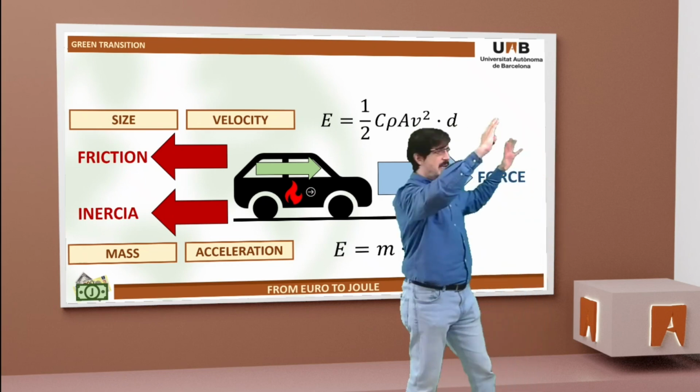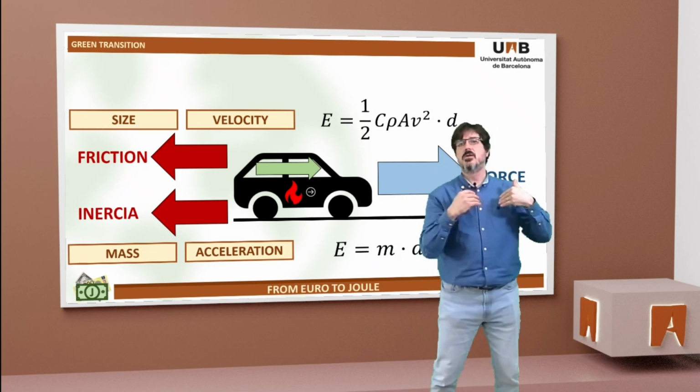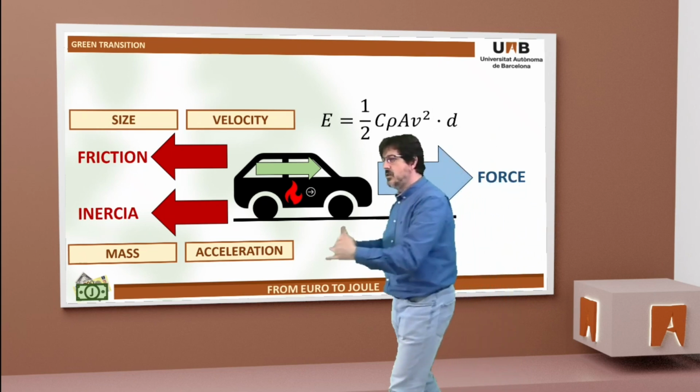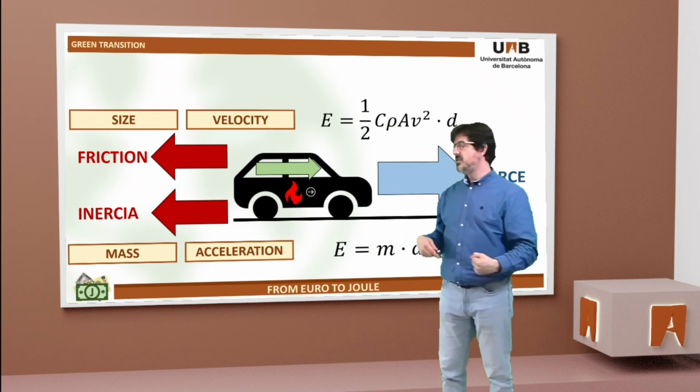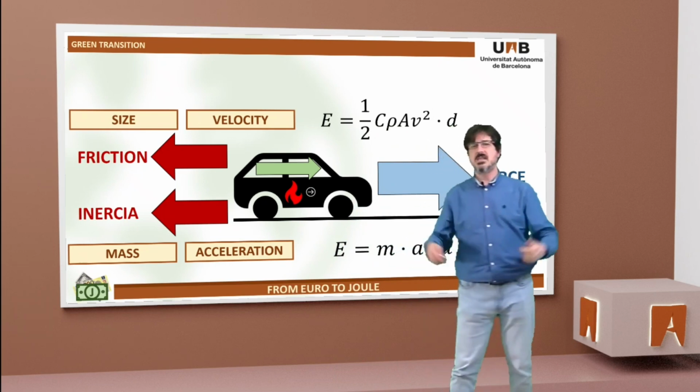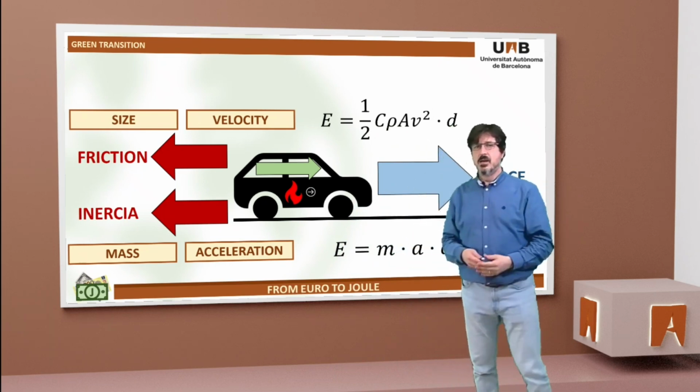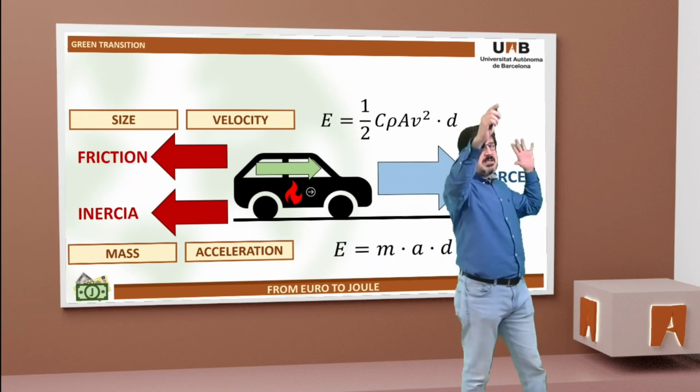So we need smaller cars that go at a much reduced velocity. And if you do this, the amount of energy that you will waste is so reduced compared to large sizes and large velocities.